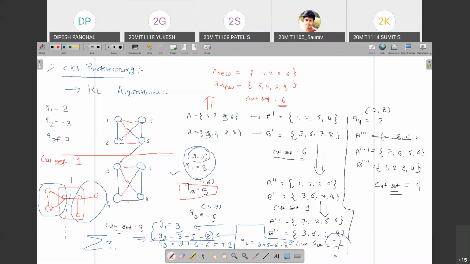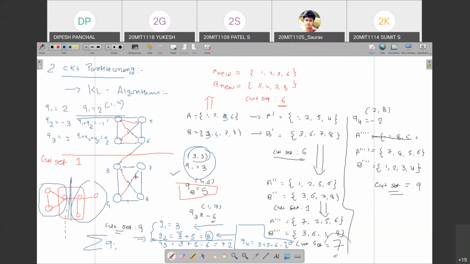If you do the addition straightforward it is 0, but G1 is 2, then G1 plus G2 is minus 1, then G1 plus G2 plus G3 becomes 0. So where do you stop? You stop here, that is for 1 and 4. If you interchange 1 and 4, you get only one cut.